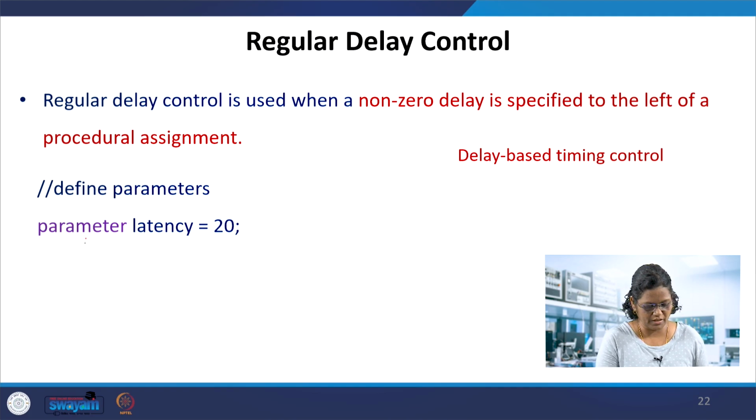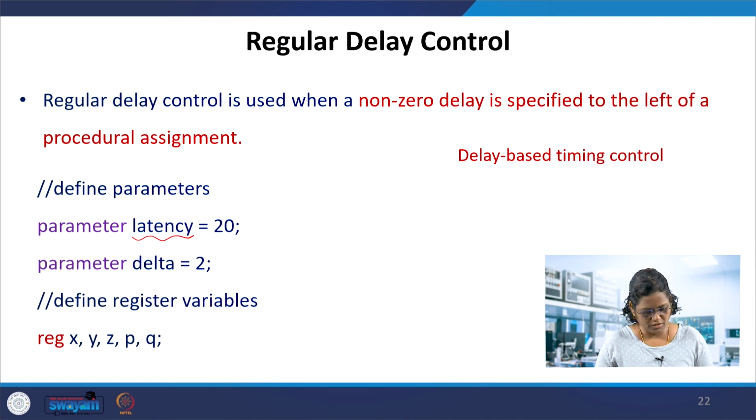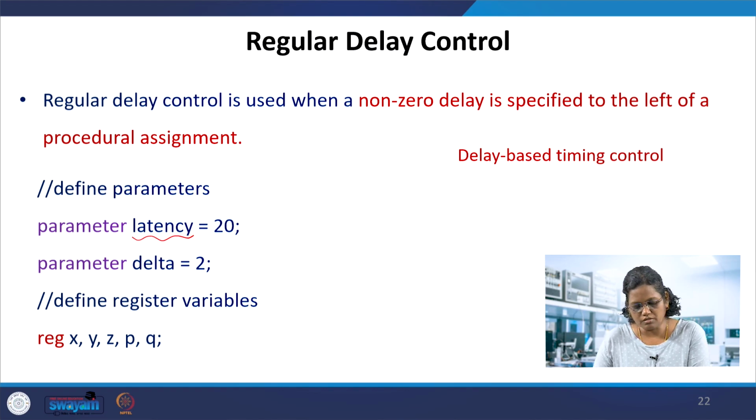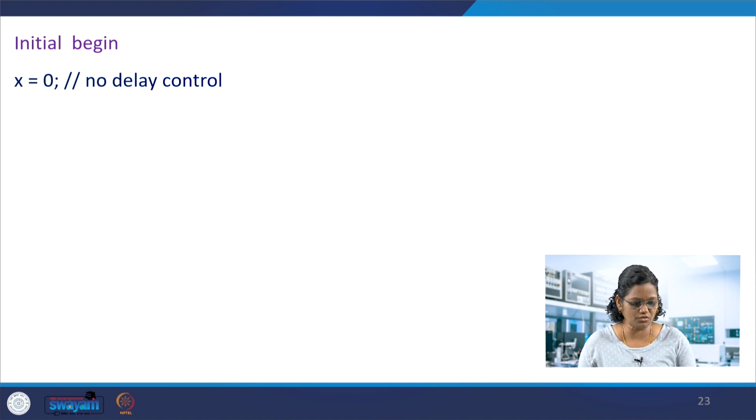Suppose with the parameter declaration we learnt, latency is assigned the value 20 in this example, and delta is 2. We define some registers like X, Y, Z, P, Q. It's not a normal design, it's a piece of code which helps to understand what regular delay control is. In the initial begin block, X equal to 0, and it is obvious that there is no delay specified.